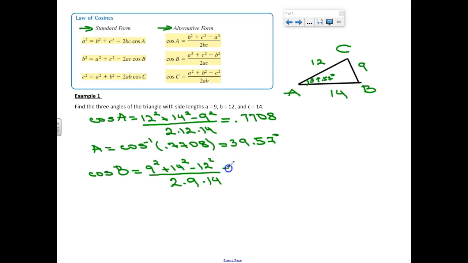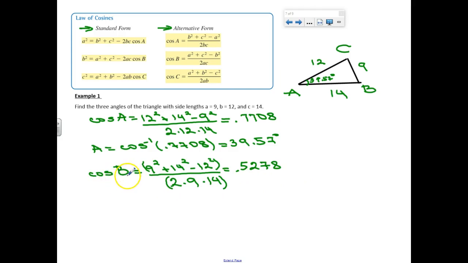Once again, we can use the calculator to input that whole expression. The numerator should be in parentheses, divided by the denominator also in parentheses. The answer for that from the calculator is 0.5278.